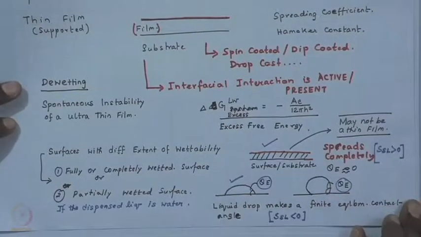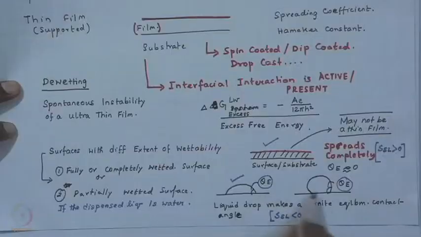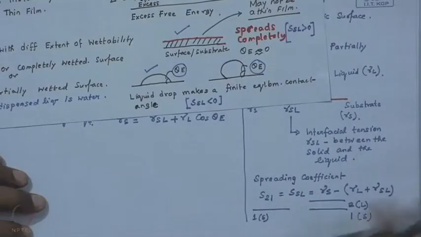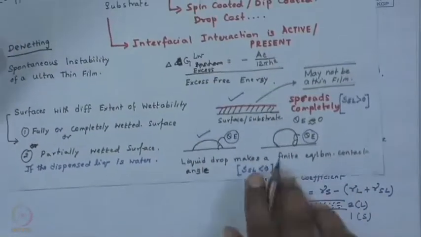Okay. But please realize that the spreading coefficient is based on a hypothetical situation where, irrespective of the surface energy of the liquid and the solid you have, you are able to create a continuous film. So you can calculate a spreading coefficient for a system like this, but remember the spreading coefficient is essentially defined for this type of scenario, and from this to this.